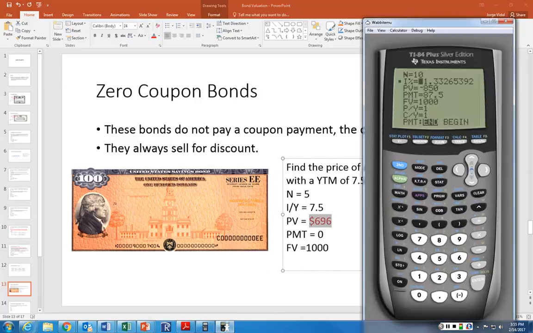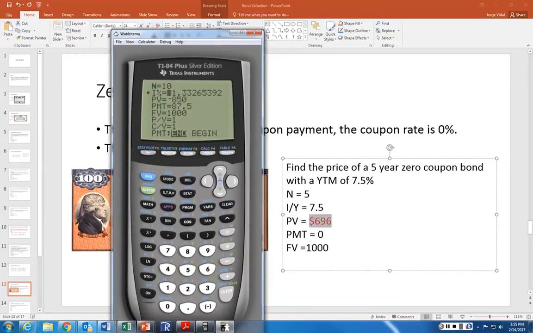And in the other calculator, 5 years, IY 7.5, payment 0, future value 1,000, present value, okay, so 696.